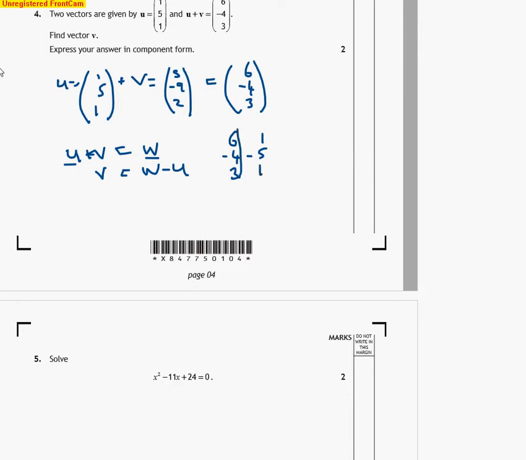So this one minus this one. That would give us the same, wouldn't it? 6 minus 1 gives us 5. Minus 4 minus 5 is minus 9. 3 minus 1 is 2. So it's just the exact same thing.